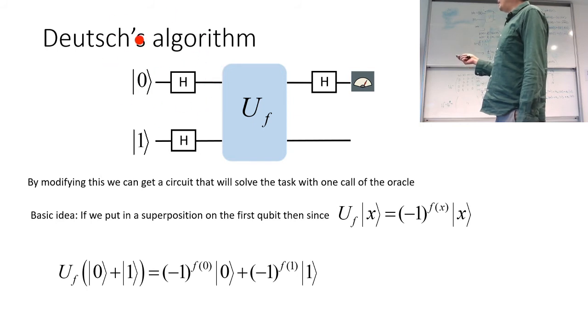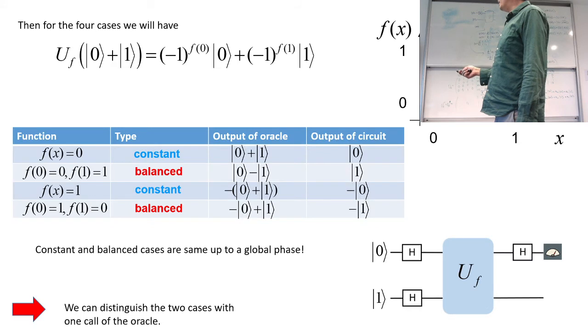When you do that, what basically happens is that if you had this input state that was 0 plus 1, then the output will be either 0 plus 1 or 0 minus 1, depending upon which of the 4 functions you have.